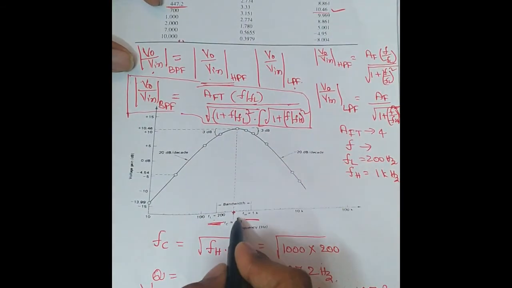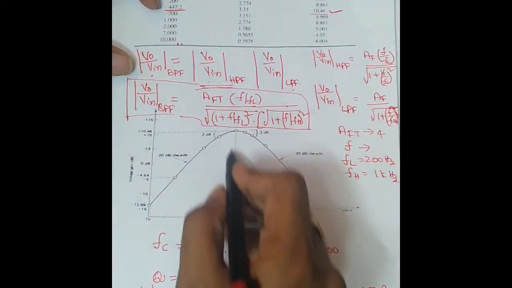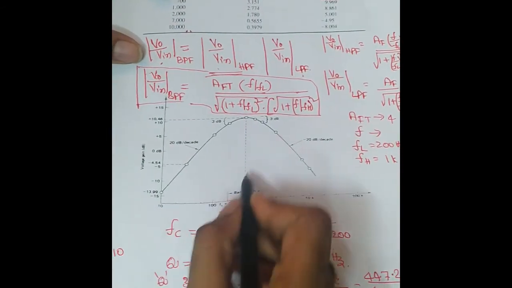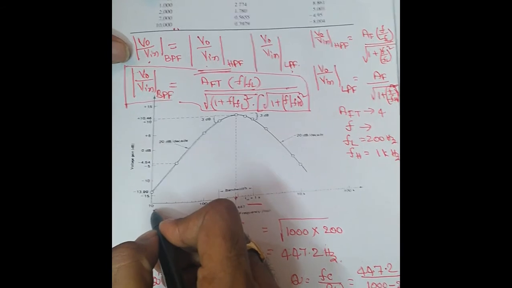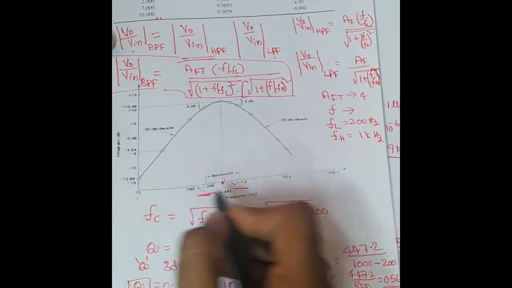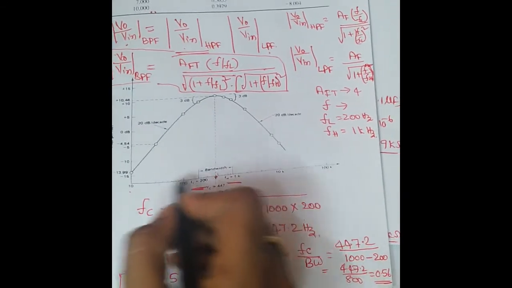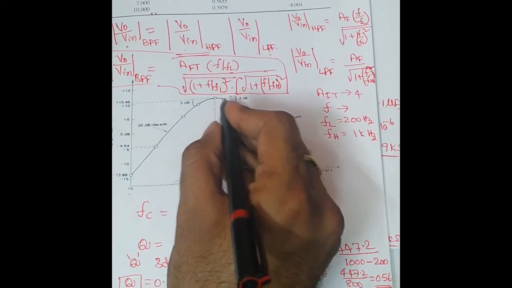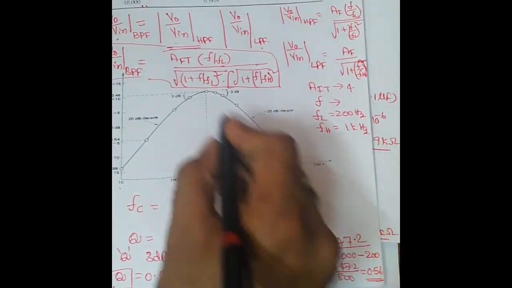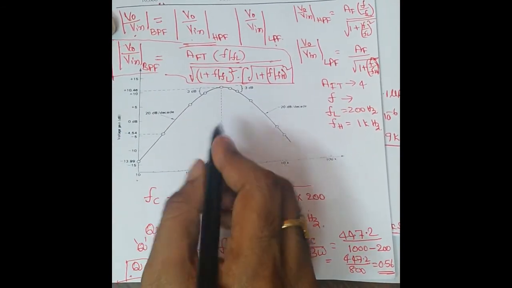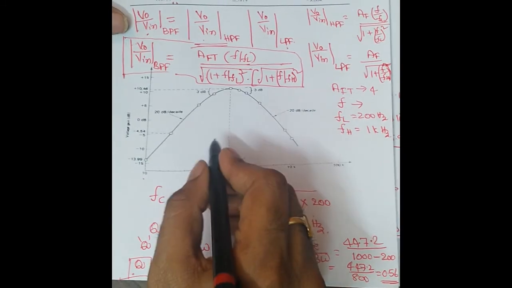This will be the maximum value for the band pass filter. Between 10 Hz and 447.2 Hz, the gain starts increasing, and after that the gain starts decreasing. This is the response for the band pass filter for the first order.